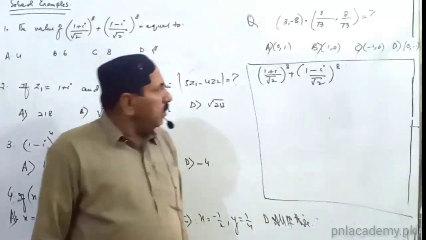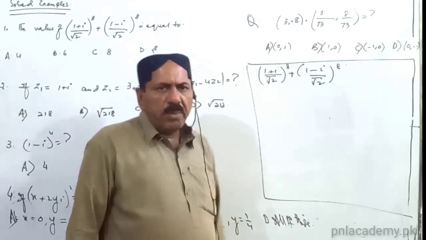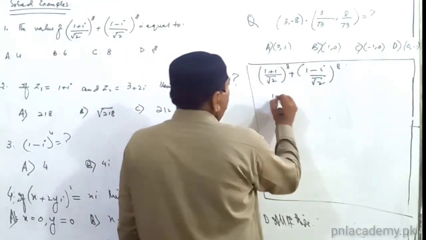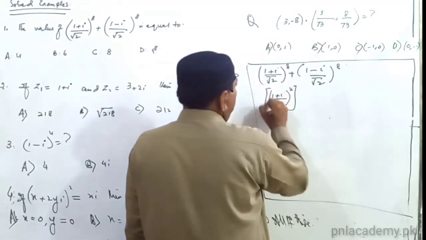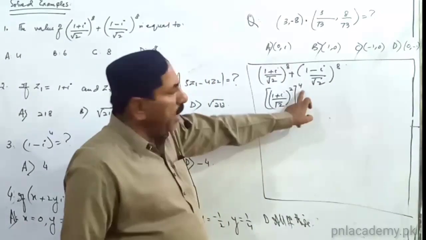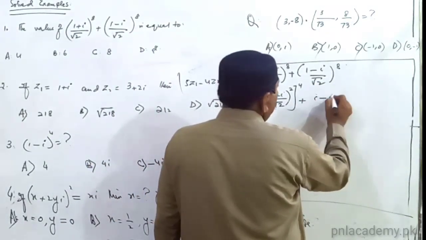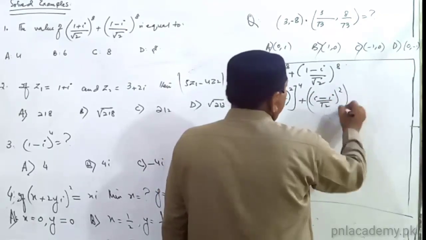First of all, this is a binomial expression. We should solve the square first. So we can write 1 plus iota upon radical 2 whole square, then power 4, plus 1 minus iota upon radical 2 whole square, then power 4.